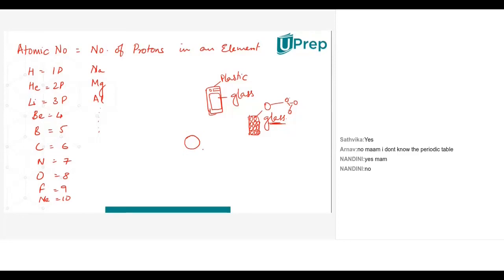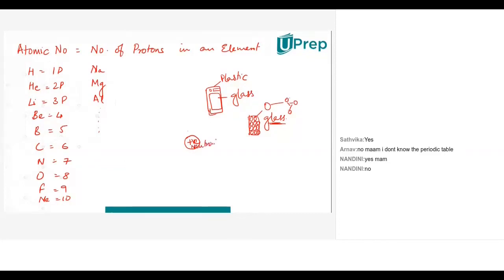Okay, you have the nucleus in the middle, and the nucleus has positively charged particles inside. Those are called protons. There are also neutral particles inside the nucleus, and these are called neutrons.